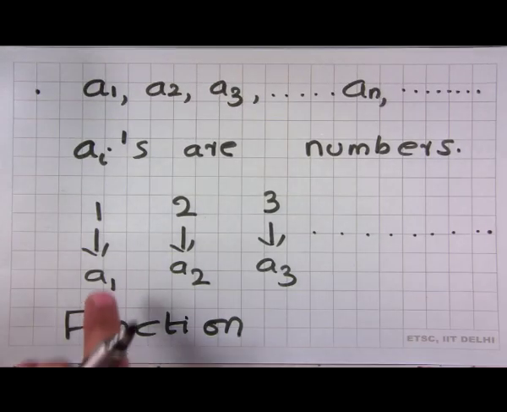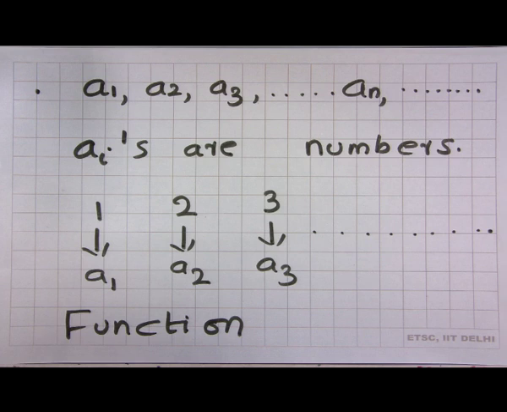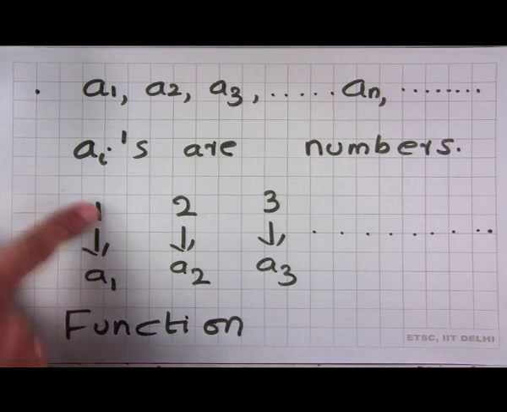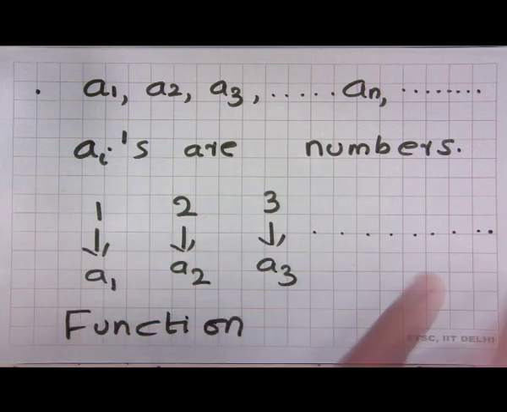When we list a1, a2, a3 and so on, inherent with it there is a function which sends 1 to a1, 2 to a2, 3 to a3 and so on.